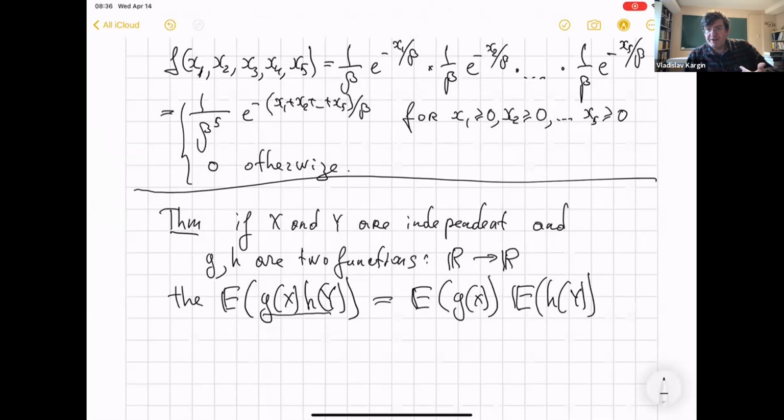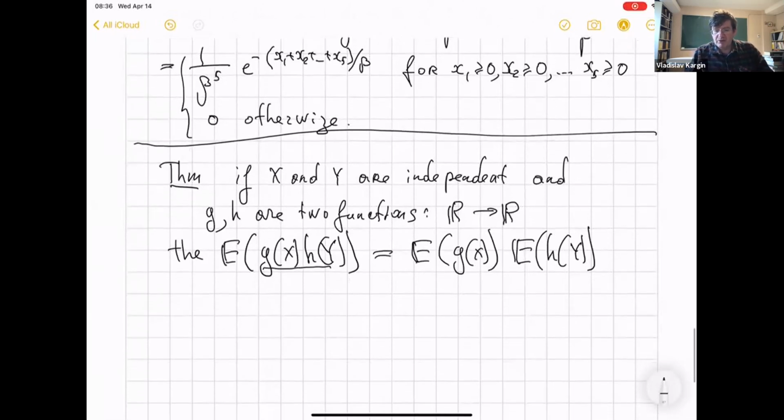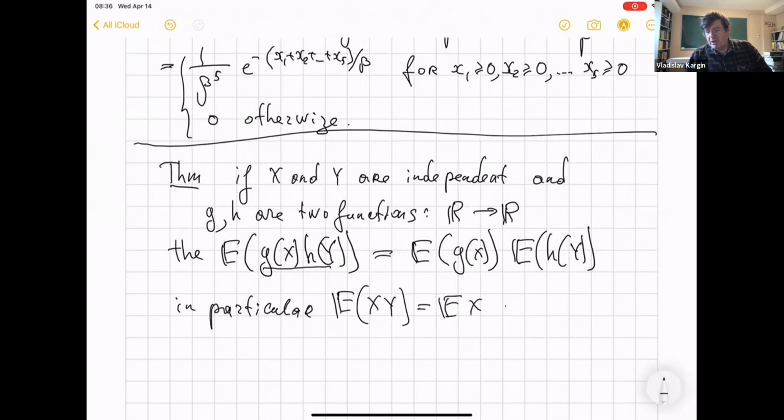It's a consequence of a particular case. In particular, the expectation of a product x multiplied by y is equal to the expectation of x multiplied by the expectation of y. This is a particular case, but the general case is a consequence of this particular case and the fact that if x and y are independent, then g of x, a function of x, and h of y are also independent.